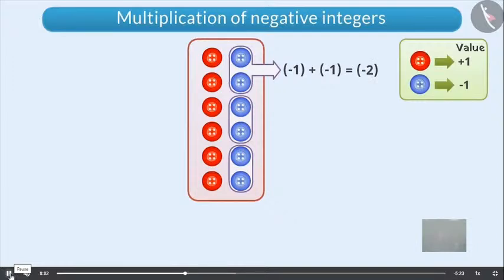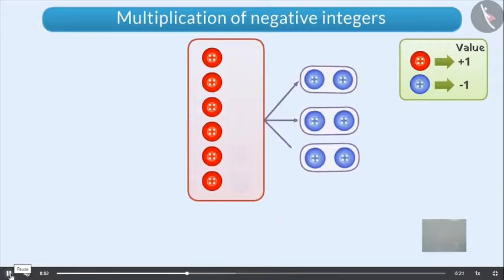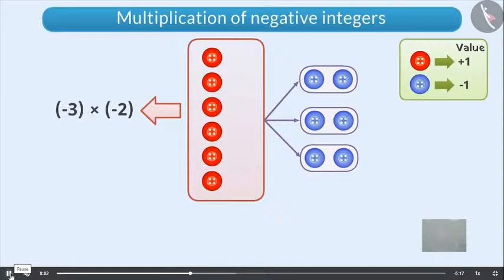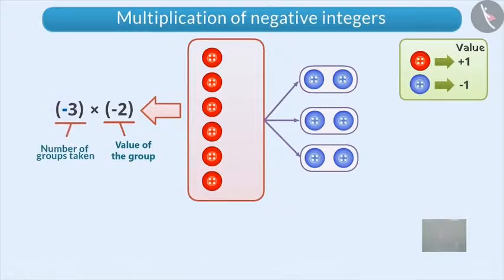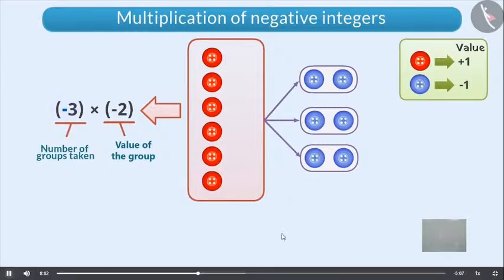If we take out 3 groups having 2 blue buttons whose value is minus 2, then we will express it as minus 3 into minus 2. Here, minus 3 times of minus 2. The value of the group means each group is having how many negative buttons? 2. And they are total 3. The second number represents the value of the group and the first number including the minus sign represents the number of groups taken out.